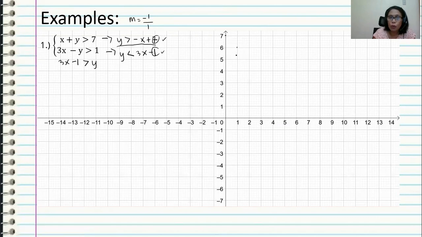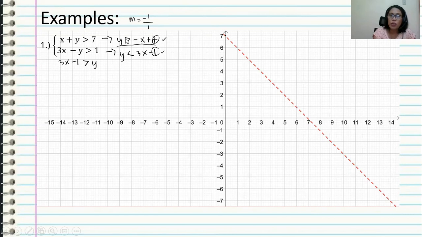So connecting the 2 points and making use of the dash line, since this is greater than, we'll come up with the dash line for the first inequality.